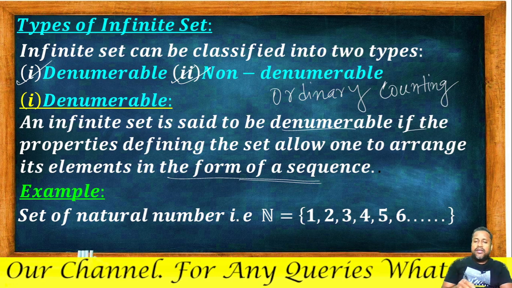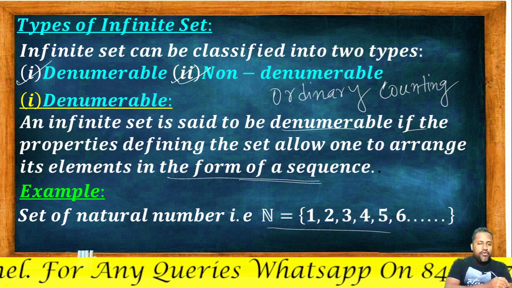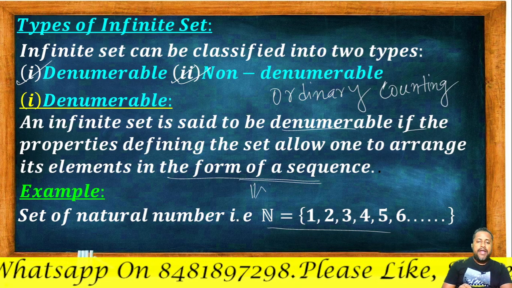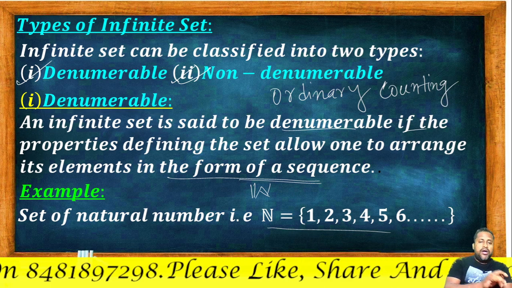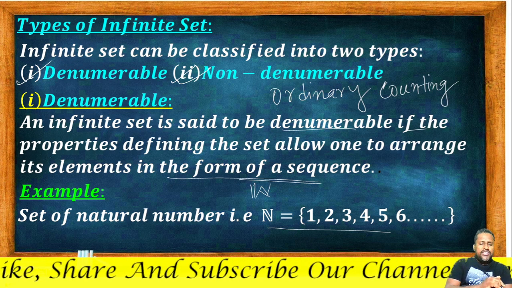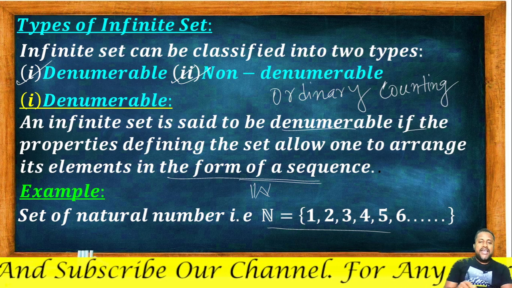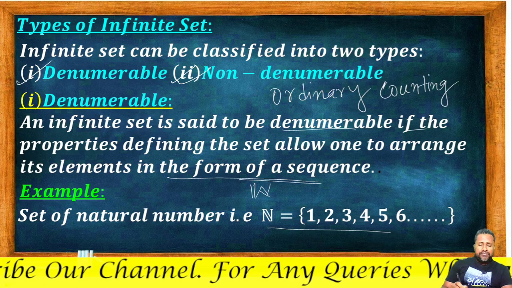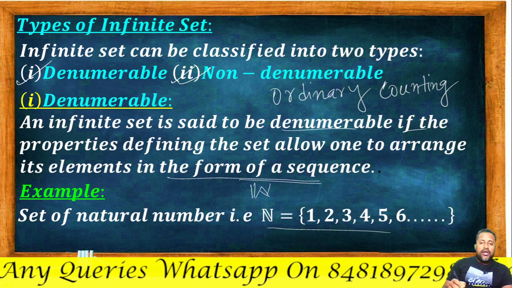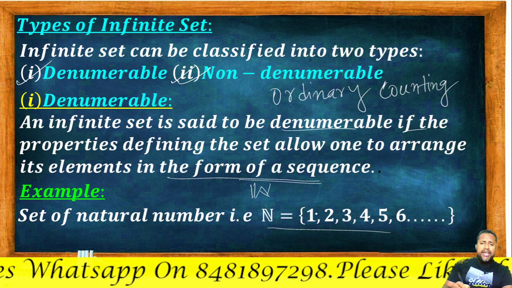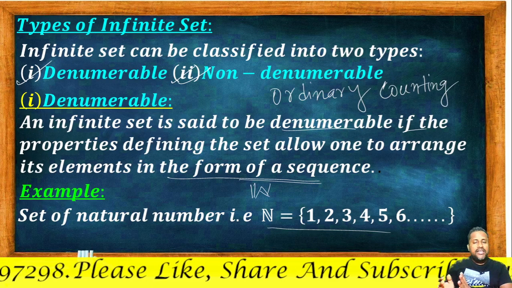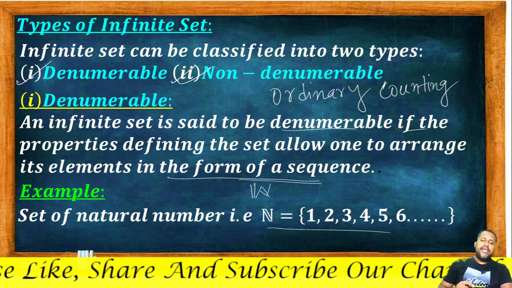Say if we consider the set of natural numbers, that is blackboard N, or the set of whole numbers, that is blackboard W, or the set of integers, these are actually denumerable sets. Why are these denumerable sets? Since the elements of the set can be counted, and the elements of the set can be arranged in the form of a sequence, means we can arrange them either in descending order or in ascending order.